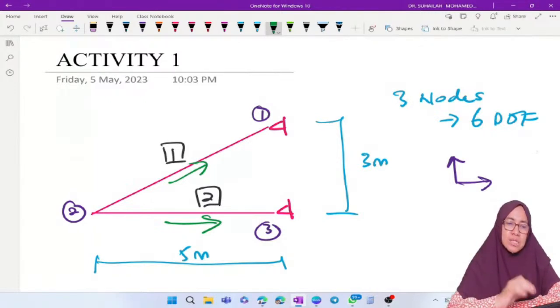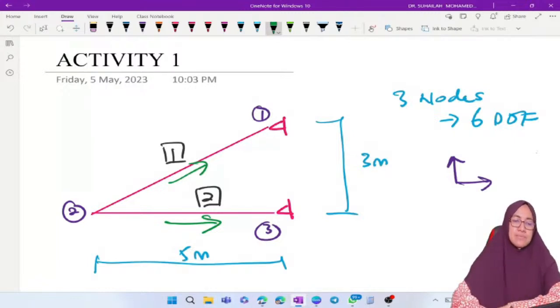So if we focus on element number 1, based on the arrow, 1 will be far, 2 will be near. For element number 2, based on the arrow, 3 is the far end, 2 is the near end.